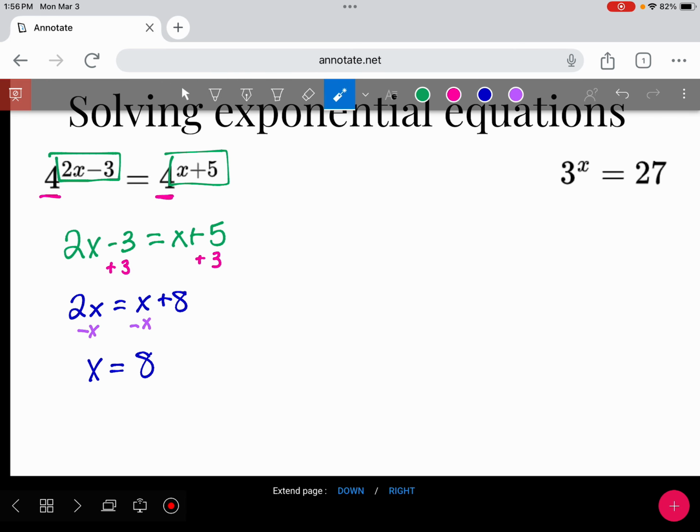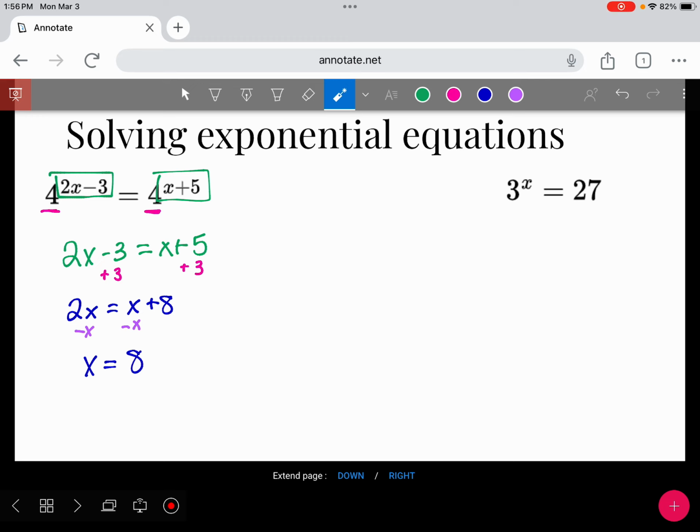And if you substitute that back up in here, that'll work. 2 times 8 gives us 16, minus 3 gives us 13. 8 plus 5, 13. They equal each other. 4 to the 13 is the same as 4 to the 13th. So if we give it to you with our bases already the same, set your exponents equal, easy peasy.